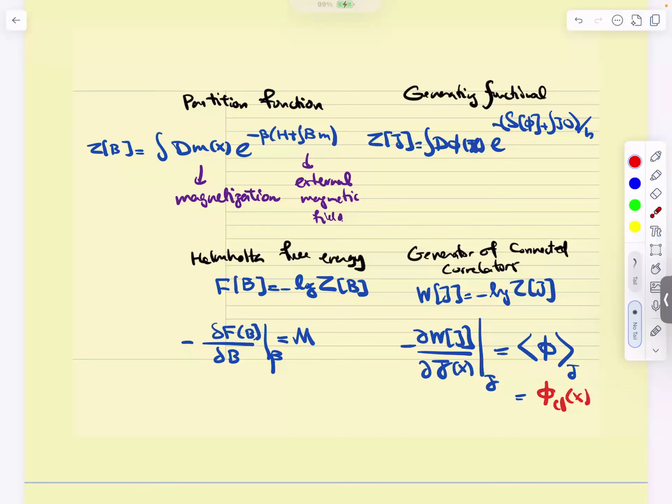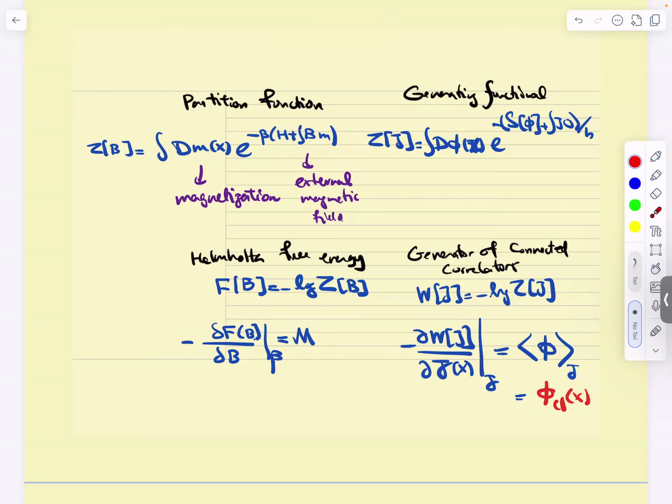Why is that? Because what's the path integral in real time? Z of J is the integral of D phi e to the i S[phi] over h bar.